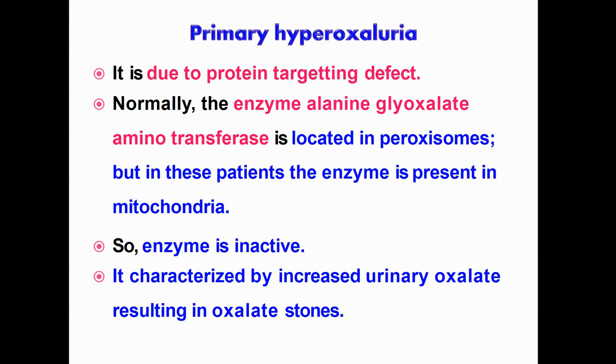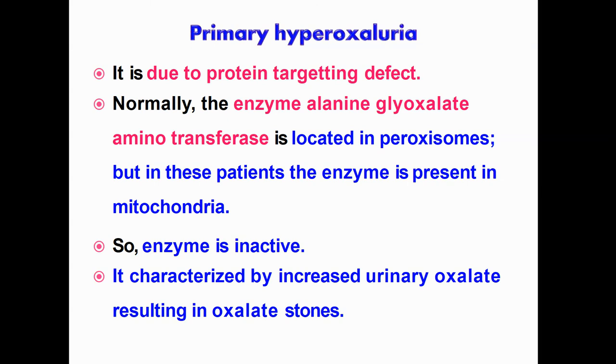And next one is primary hyperoxaluria. It is a disorder due to a defect in protein targeting. In this case, the enzyme is synthesized but it is wrongly packaged.